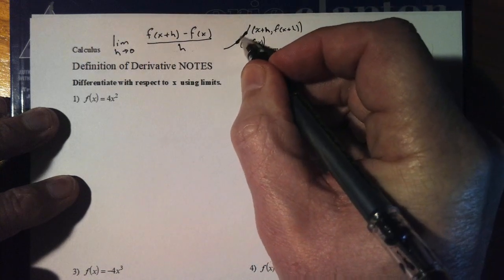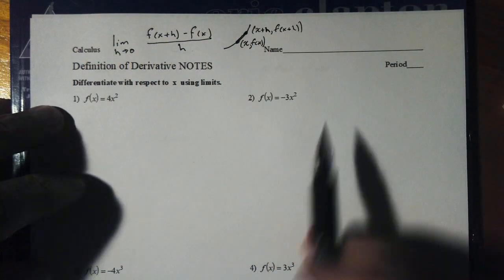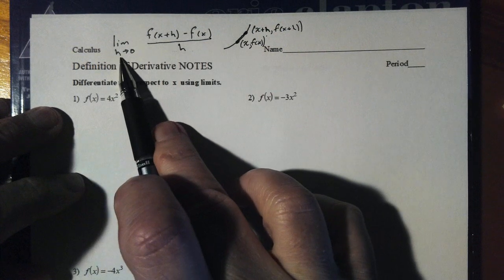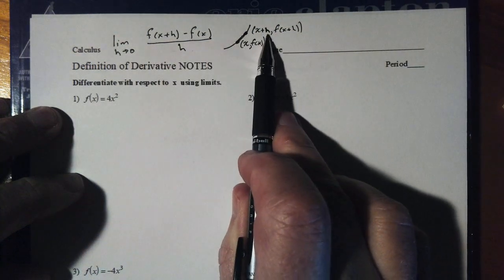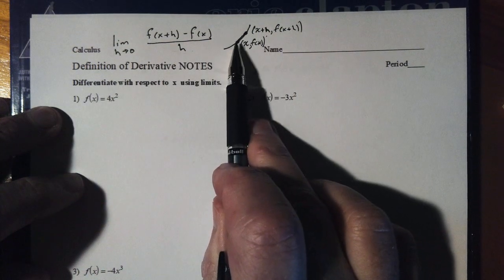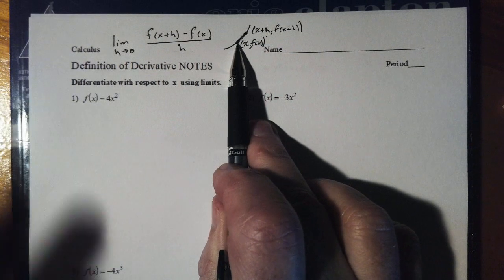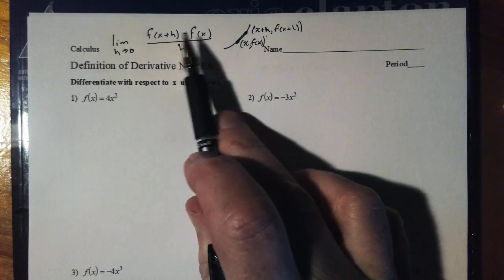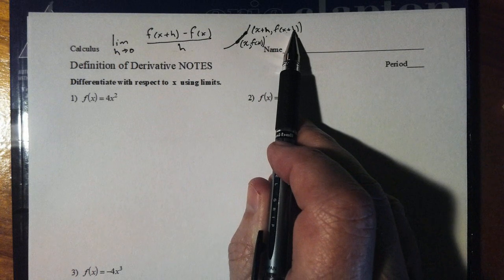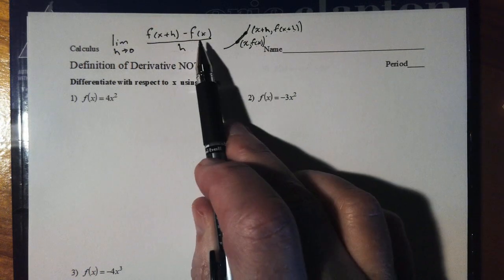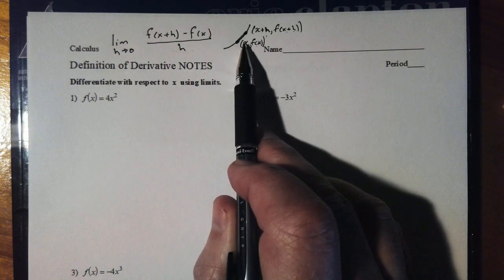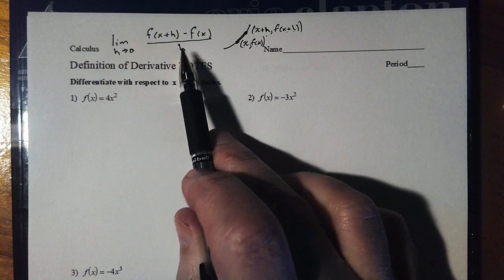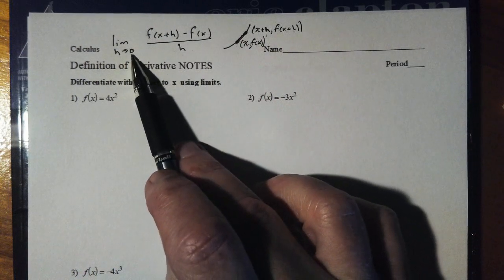Find the slope from here to here. And if we could have h be 0, then we'd have the slope at that exact point right there. So this is the y value minus the y value, f of x plus h minus f of x over x plus h minus x, h. But we can't have h be 0.